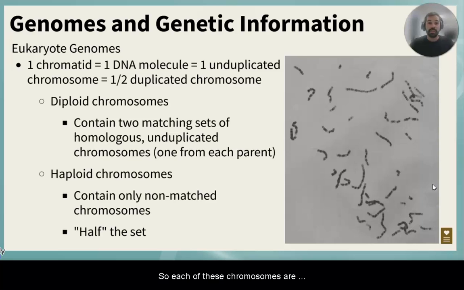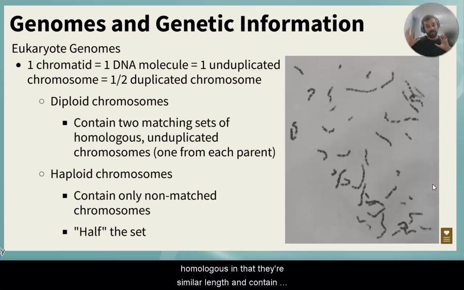These chromosomes are homologous in that they're similar length and contain similar sets of genes, but they're not identical. They're also not duplicated. The duplication only happens when we're getting prepped to divide the cell.